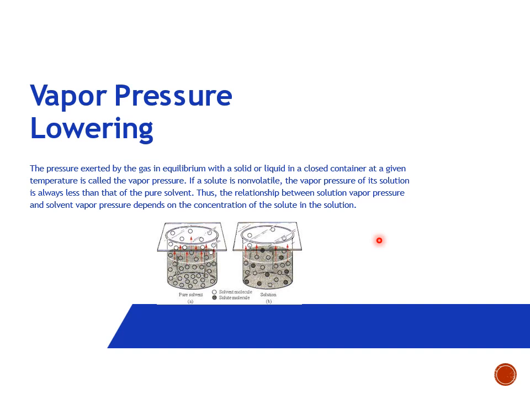Thus, the relationship between solution vapor pressure and solvent vapor pressure depends on the concentration of the solute in the solution. Kanina, sinabi natin, regardless kung atoms sila, or molecules, or compounds, nakadepende pa rin doon sa dami ng substance.